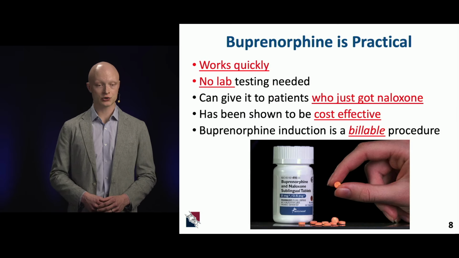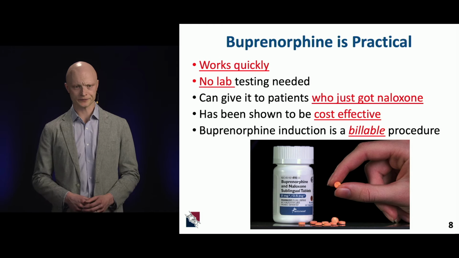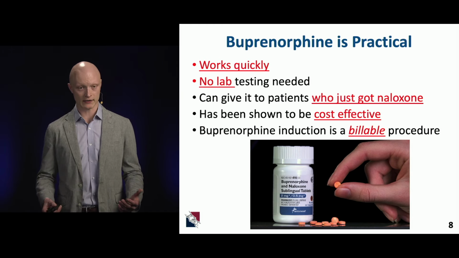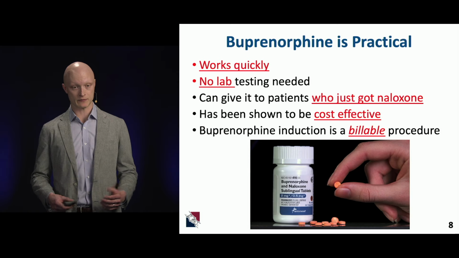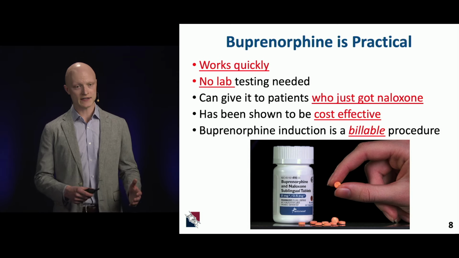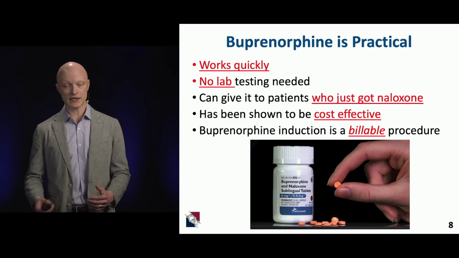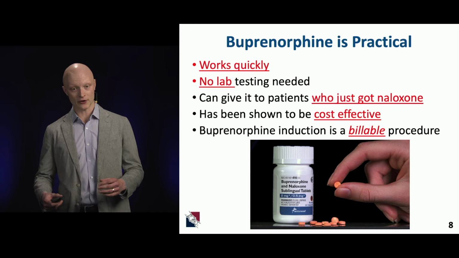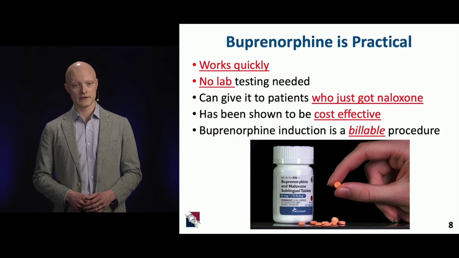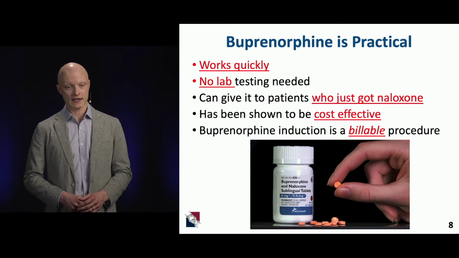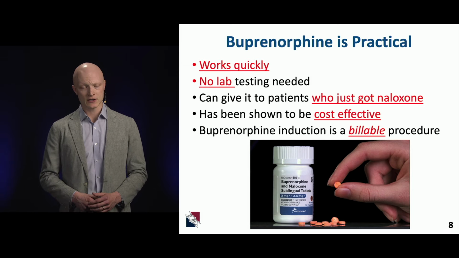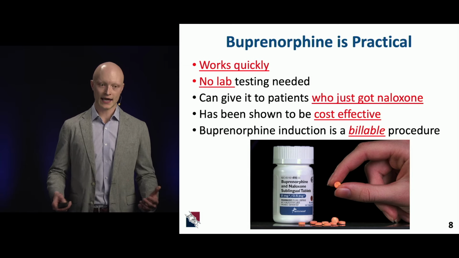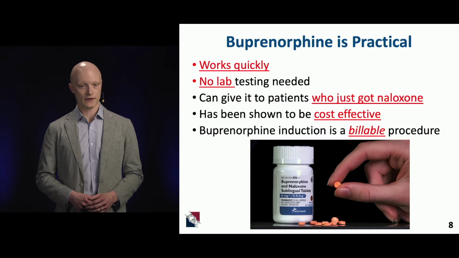Buprenorphine is also an extremely practical medication. It works relatively quickly to relieve the withdrawal symptoms a patient is having. The onset is within 15 to 30 minutes, and the peak effect is after about an hour. There's no lab testing that's needed. It's not processed by the kidneys, so you don't need to get or check a creatinine prior to starting buprenorphine.